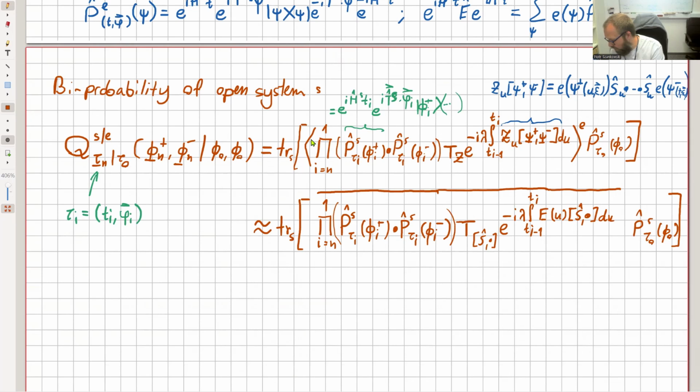So this would be the setup for this whole problem.